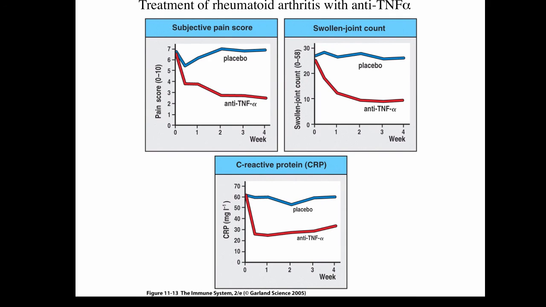And so obviously clinical studies have gone on to prove the efficacy of these types of approaches. And this is just an example from the textbook showing you the treatment with anti-TNF reagents alleviate symptomatic scores from patients with rheumatoid arthritis, and also decrease biomarkers of inflammation like C-reactive protein.